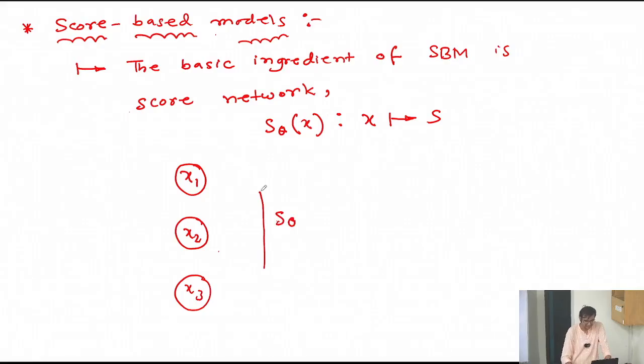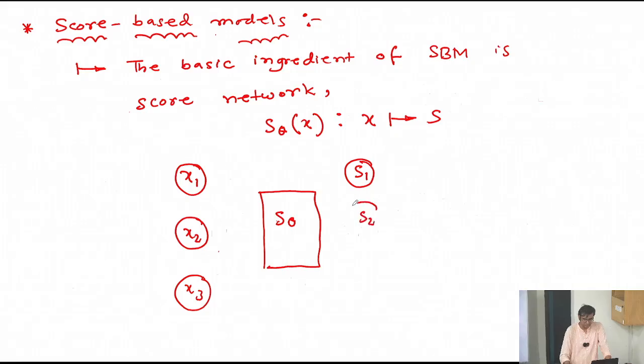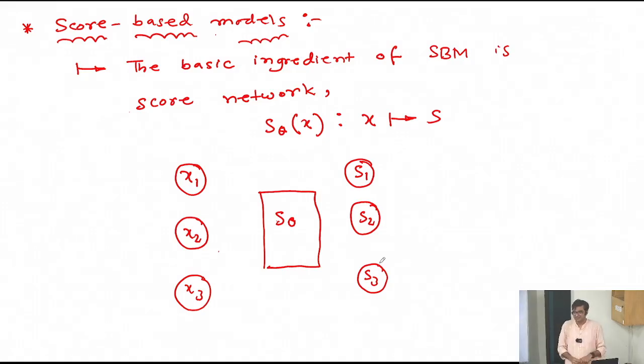It's a very generic kind of neural network, it can have whatever you want. And your output is S1, S2, and S3. Obviously, I'm assuming that I have a vector of dimension 3 here. By no means are you restricted to that number 3, but that's just the case we are doing. Okay, and you can imagine what will happen.